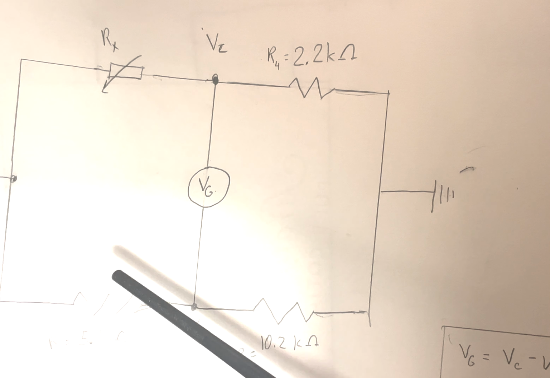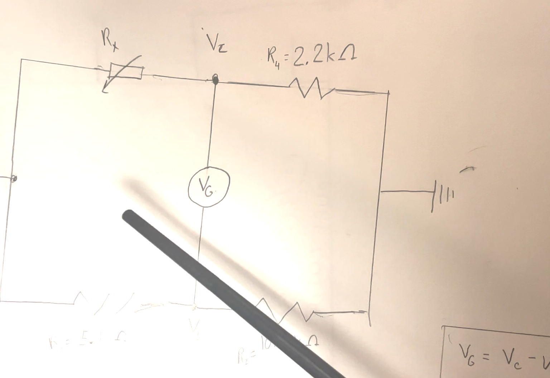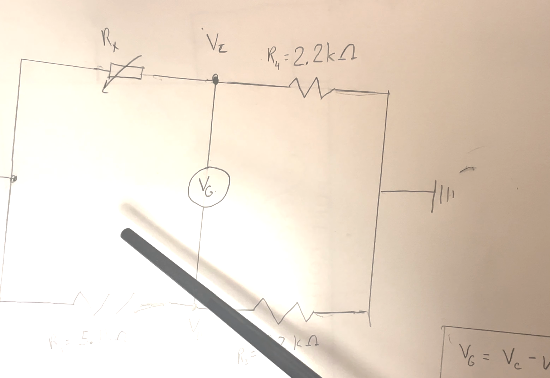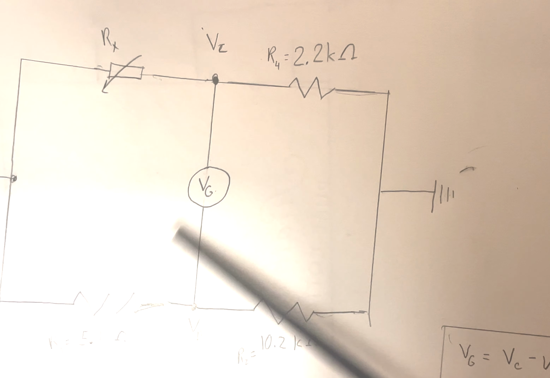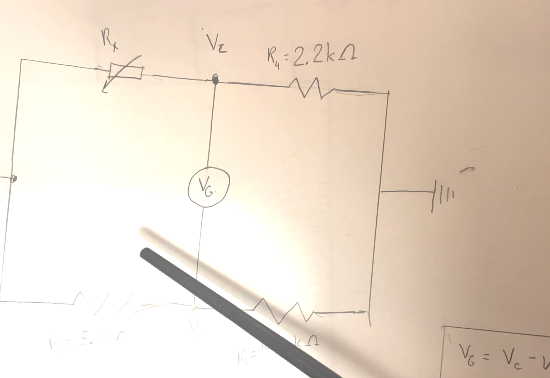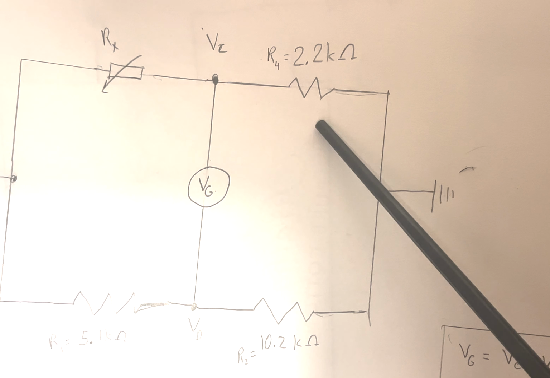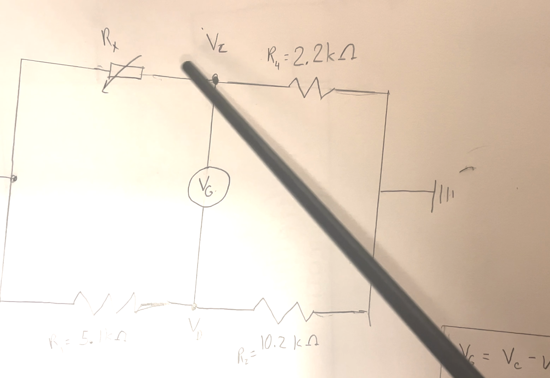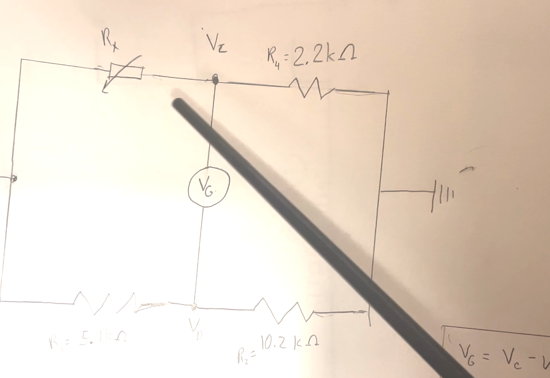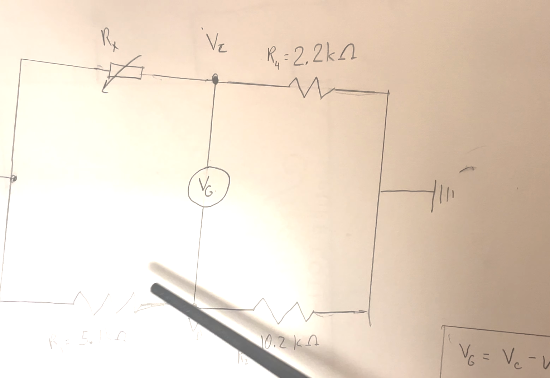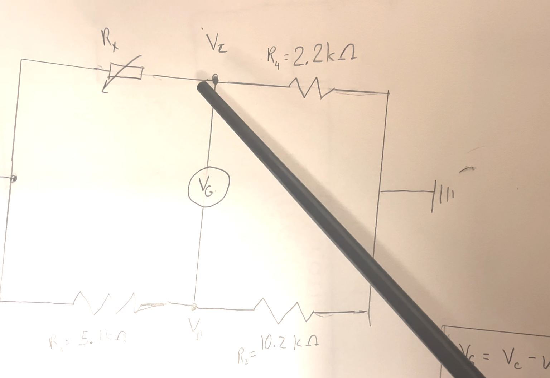So how can we tell if the Wheatstone bridge is balanced or not? Well, this is based off of the ratios of the resistors here. For example, we could have a 5K, a 10K, and a 1K and a 2K ohm resistor. Because the resistance ratios are the same on either side, the voltage drop is also the same.